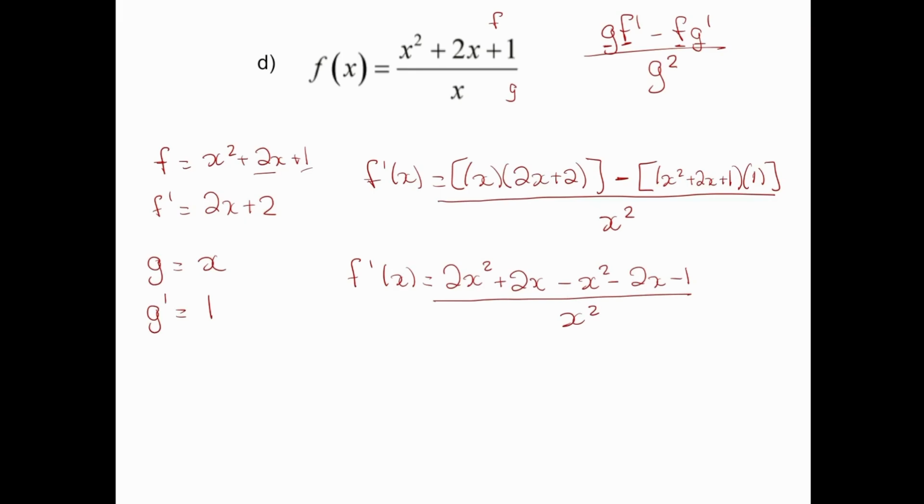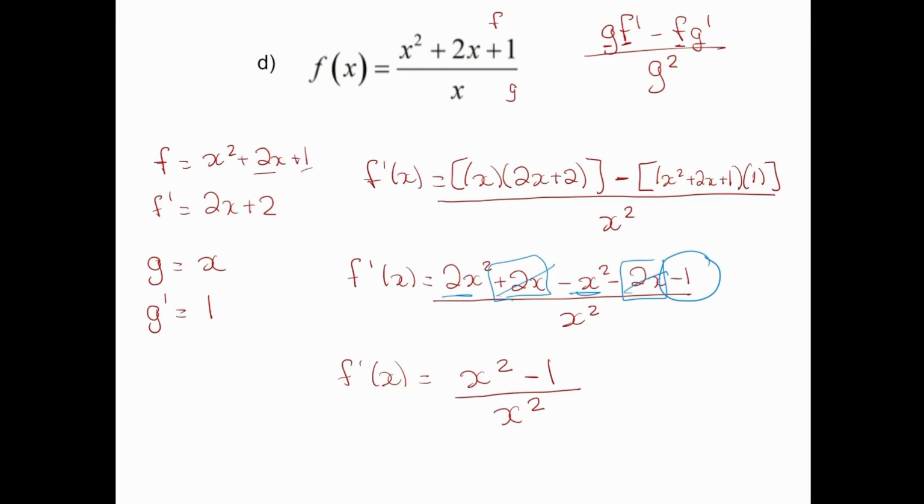So I have 2x squared minus x squared. That leaves me with just x squared. I have a 2x, a plus 2x, and a minus 2x. They eliminate each other. And then for numbers, I just have this lonely little 1 on the end. So this becomes minus 1. So x squared minus 1 on the top, all over x squared.